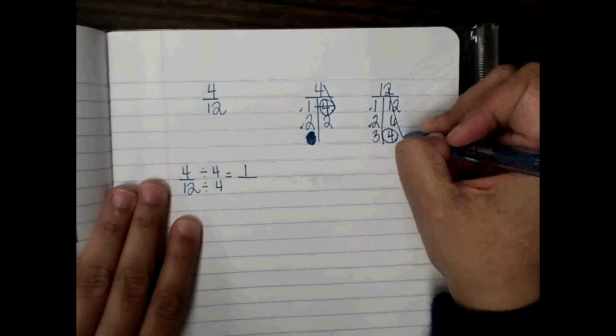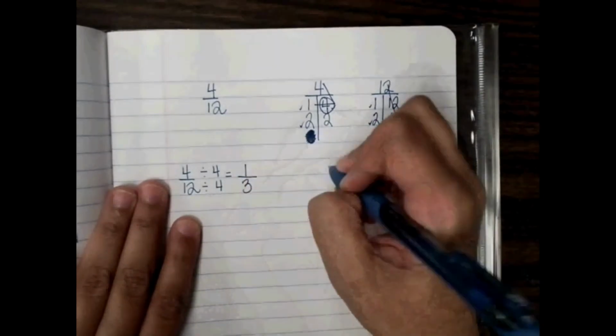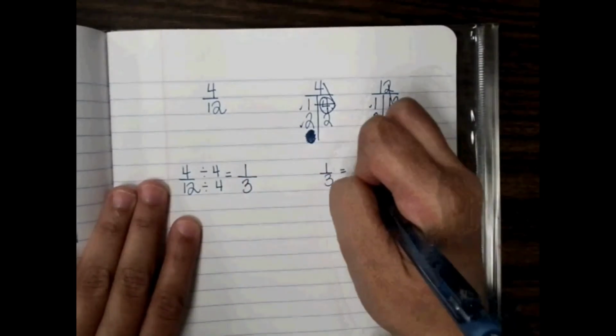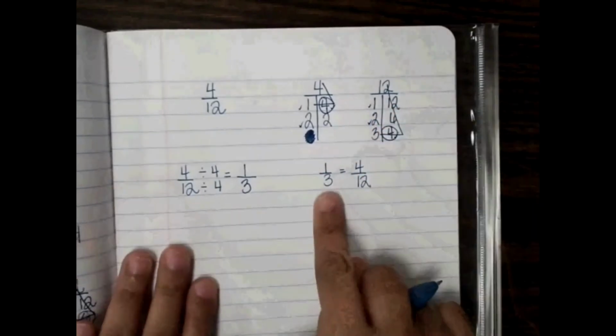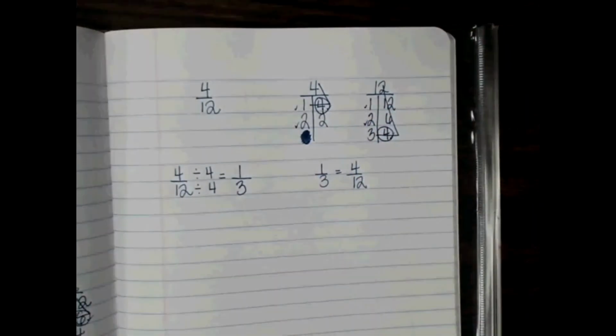And then 12 divided by 4 is 3. So there you have it. 1/3 is equal to 4/12, and 1/3 is simplest form. Now I want you to put your pencil down and continue watching the rest of the video.